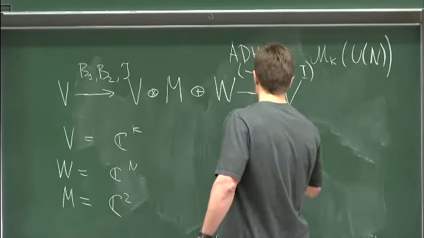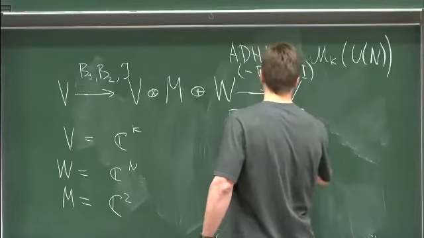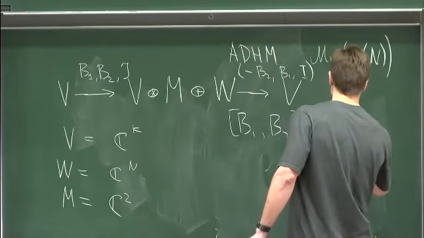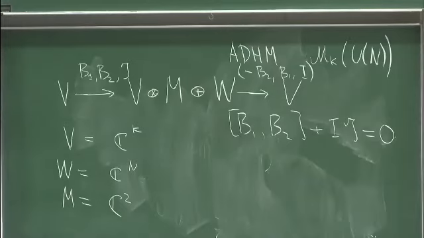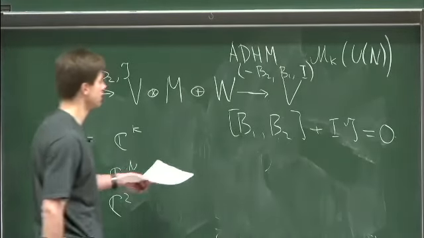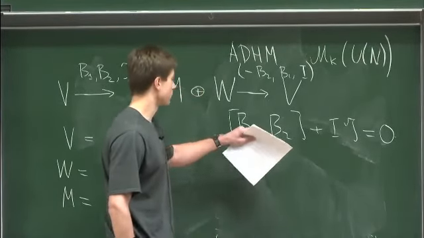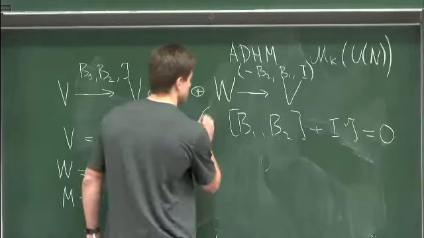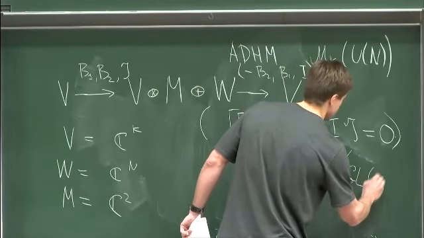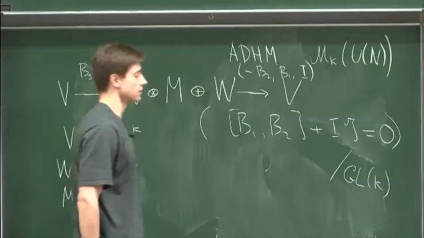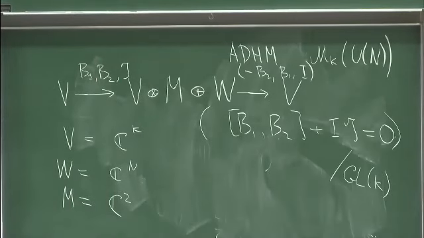So these are the usual ADHM equations. And now the instanton moduli space is the space of such matrices B1, B2, I, J modulo GL(k) transformations of the vector space V.